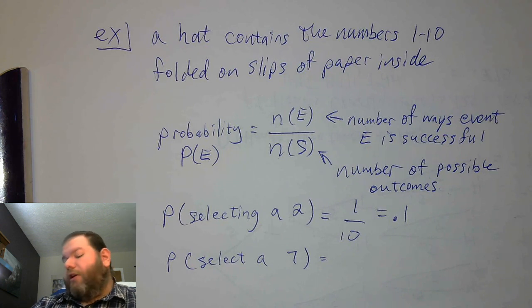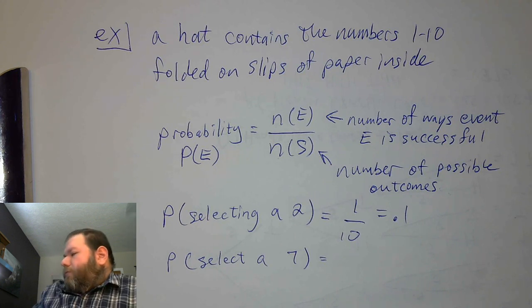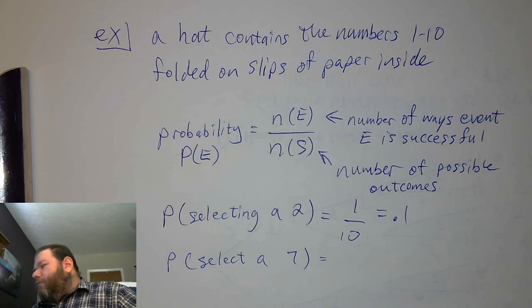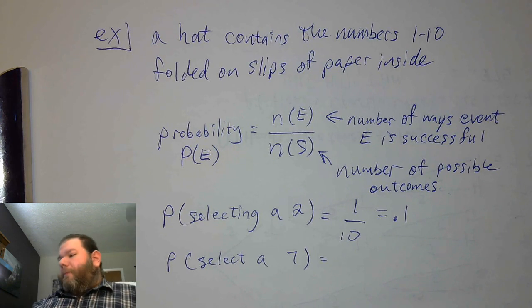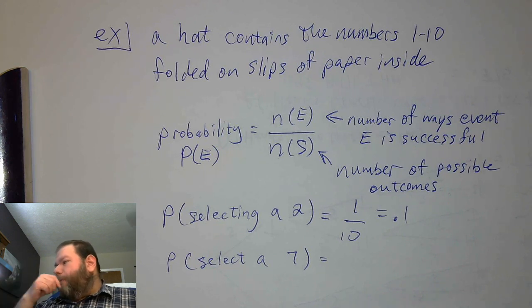Does the probability change whether we select a 2 or a 7? Anyone have an idea there?